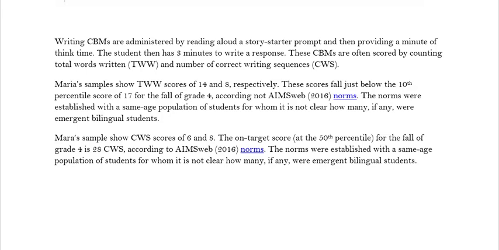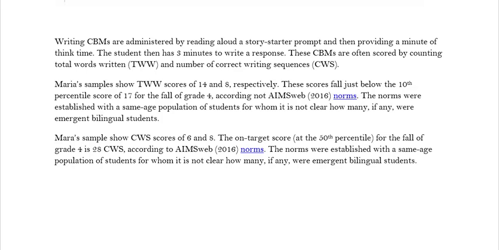The scores that these probes generate can be compared to norms using a percentile rank. So her total words written scores of 14 and 18 fall below the 10th percentile for grade 4. Likewise, her correct writing sequence scores also fall below the expected performance level.